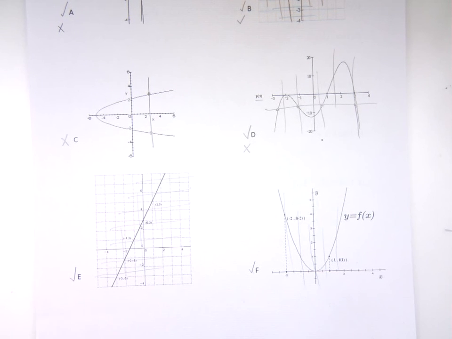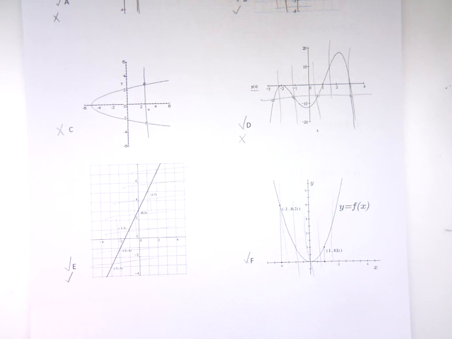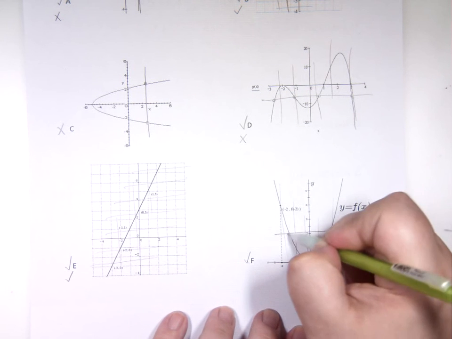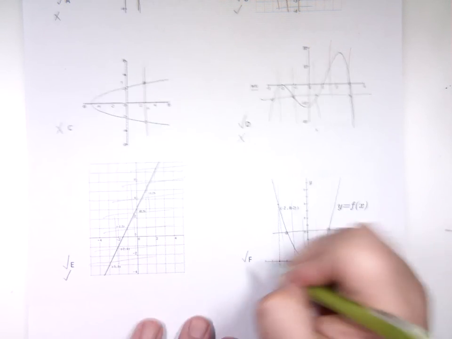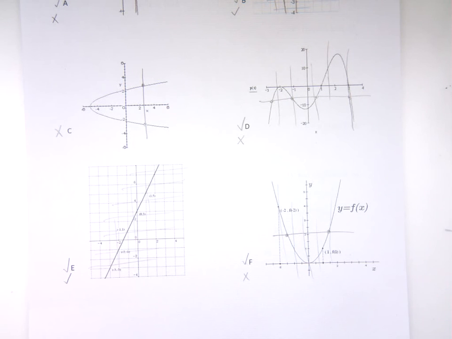And then F is going to fail because it has multiple spots where you can have different x values for the same y value. Okay, so the only ones that passed the horizontal line test were B and E.